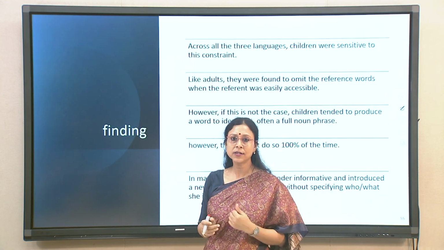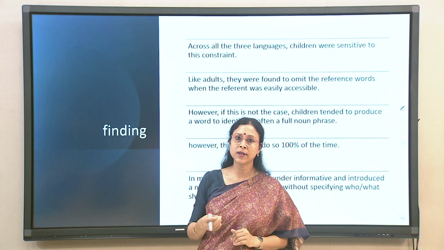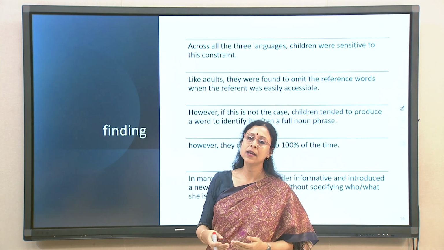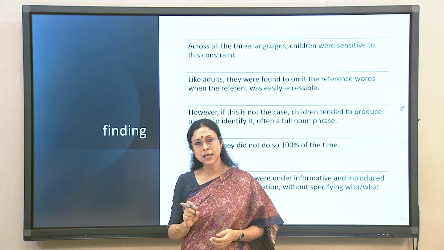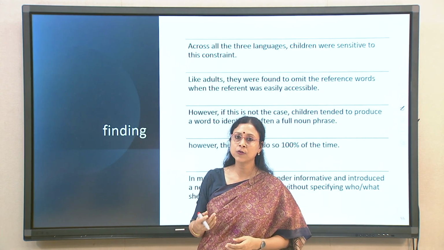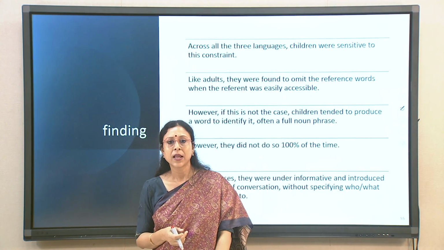However, if this is not the case, children tended to produce a word to identify it, often in a full noun phrase. So, basically what they found out in a cross linguistic study was that children do understand that when the word was introduced recently, they do not need to use it, because the grammar of these languages allows this, that you do not need to use the subject all the time, and they could do it as well.